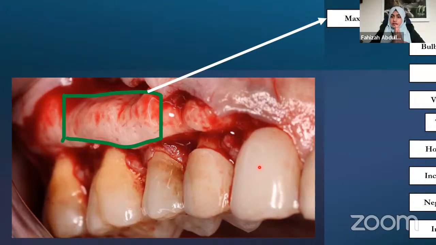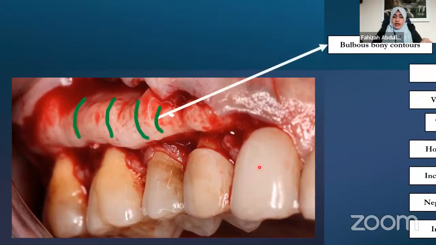Next, there are bulbous bony contours. This is a problem aesthetically, and these bulbous bony contours can lead to defects like these, because the sites will be more prone to periodontal disease.